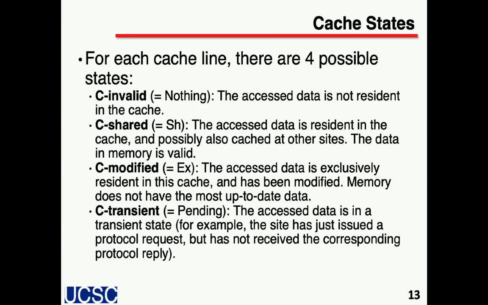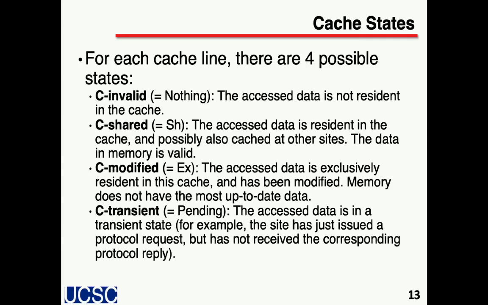Let's say you want to do a write to a miss that no one else is touching. It's going to be invalid originally, go to transient, and then go to modified. What if you had a read miss to something that's shared? In that case it's really simple.